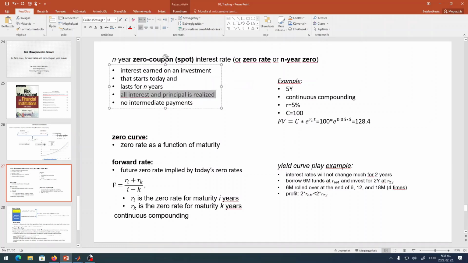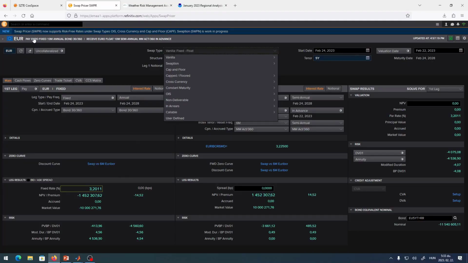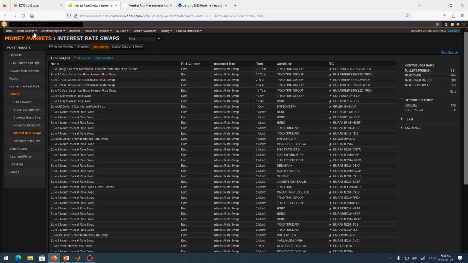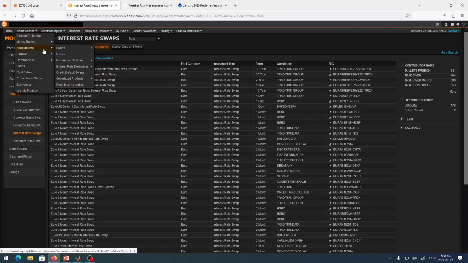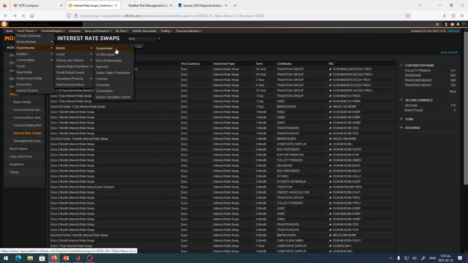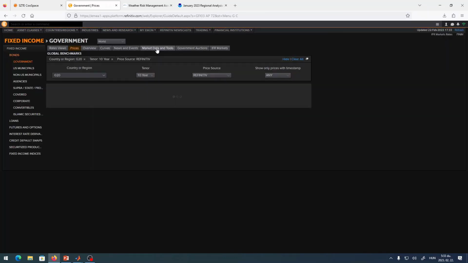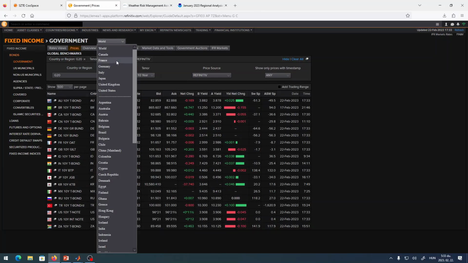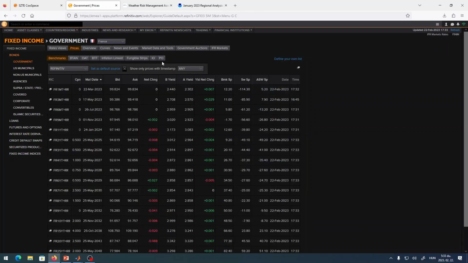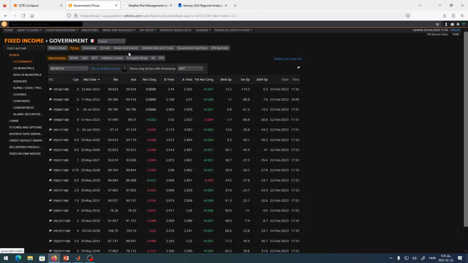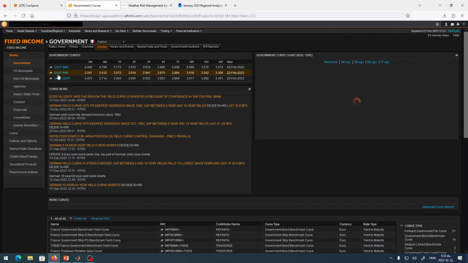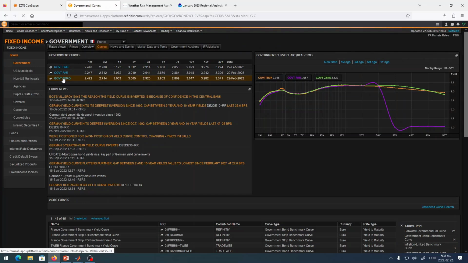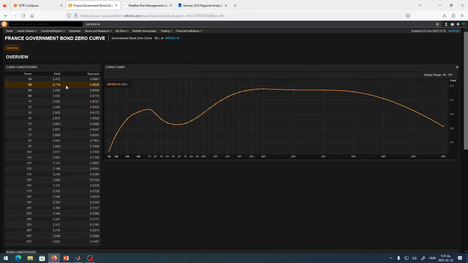Whenever we are collecting data, I go to my asset class, fixed income, government bond database, let's say France, because we like France so much due to the case study, and curves, and there is already a government zero rate.